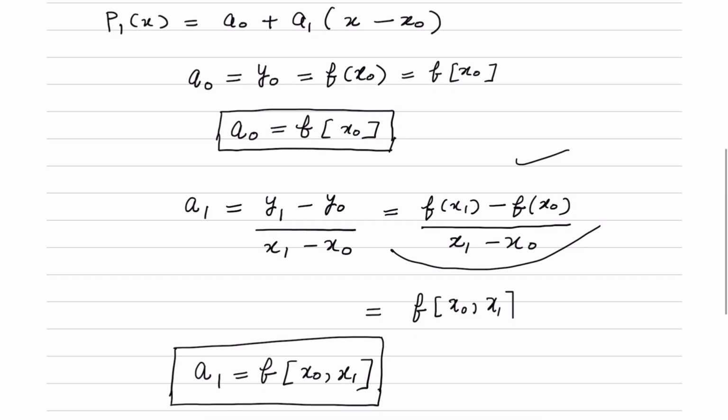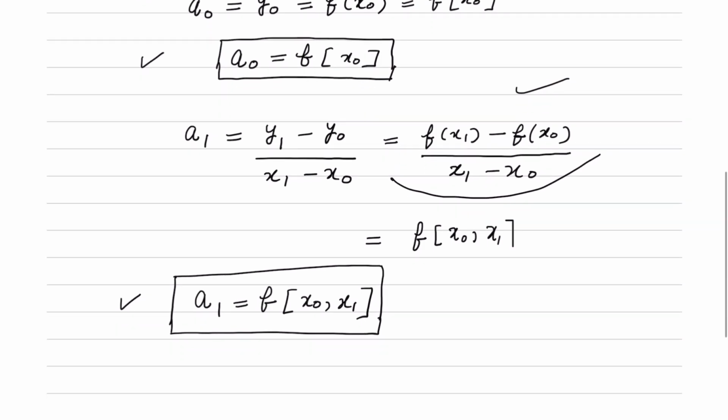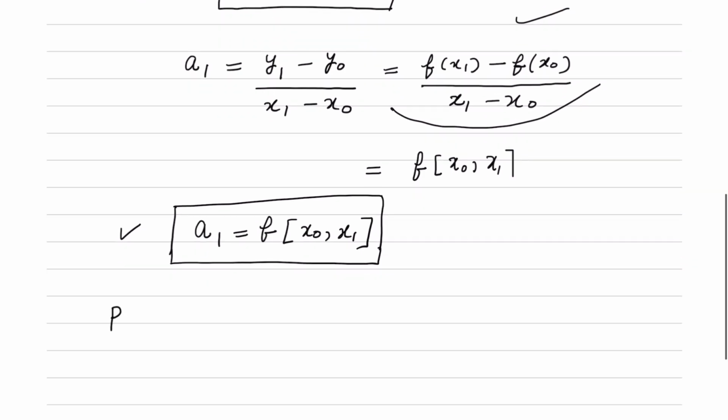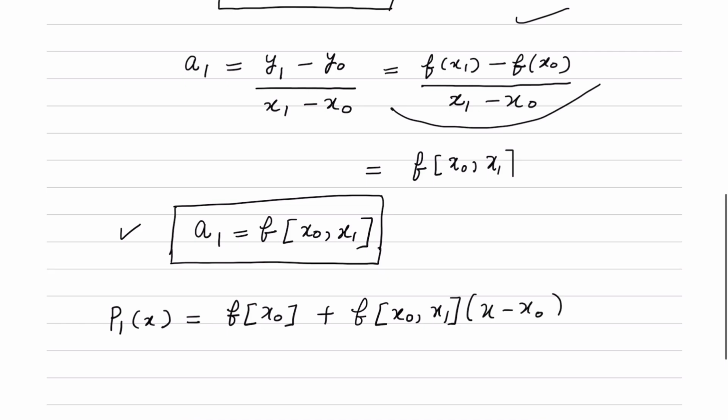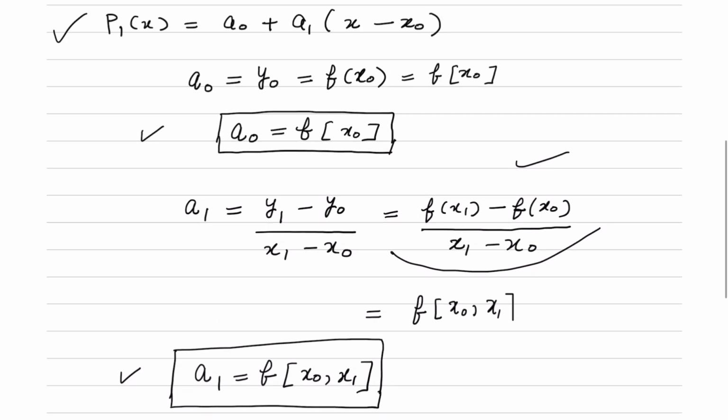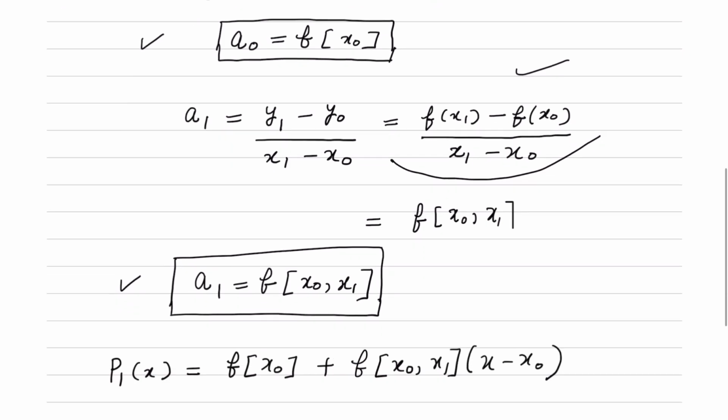What we are going to do is put a0 and a1 in this p1 of x polynomial. We have p1 of x equal to a0, which is f of square bracket x0, plus a1, which is f of square bracket x0, x1, into (x - x0). So here in p1 of x we have plugged in the value of a0 and a1.